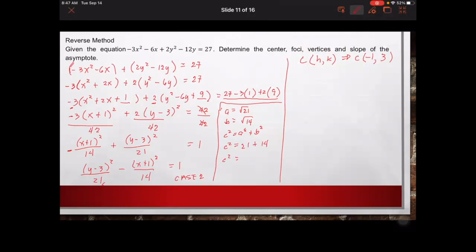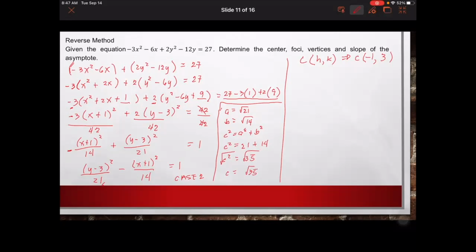So C squared is equal to 21 plus 14, which is 35. Taking the square root, your C is equal to the square root of 35.